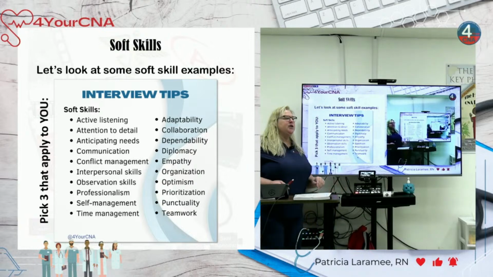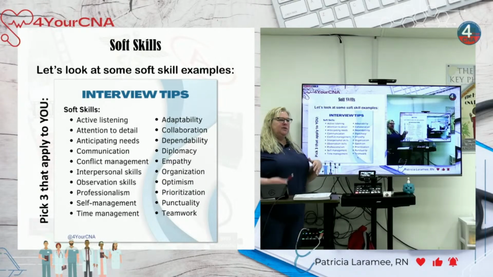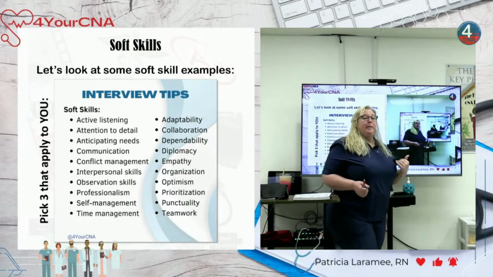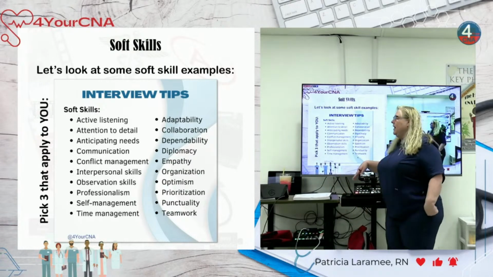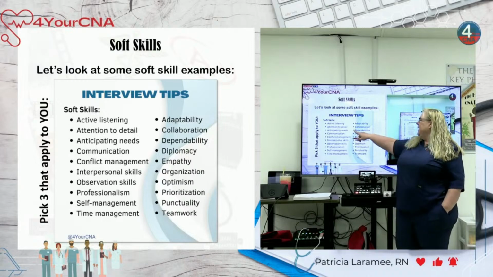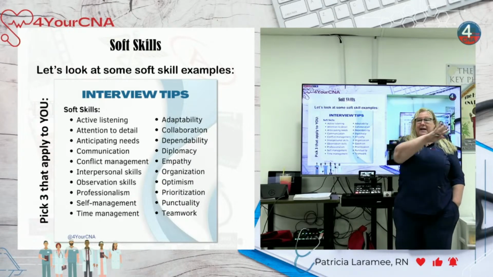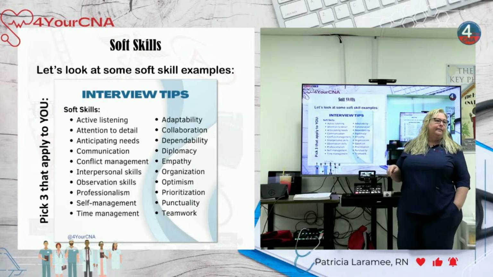And then once you do that, the first section here, we want to look at our soft skills. So in those job roles, what soft skills did you develop? So for me, if I'm looking at this, I probably have a lot of these, but I'm going to pick my top 3. So for me, attention to detail. I am very detailed. That's what created this whole program.